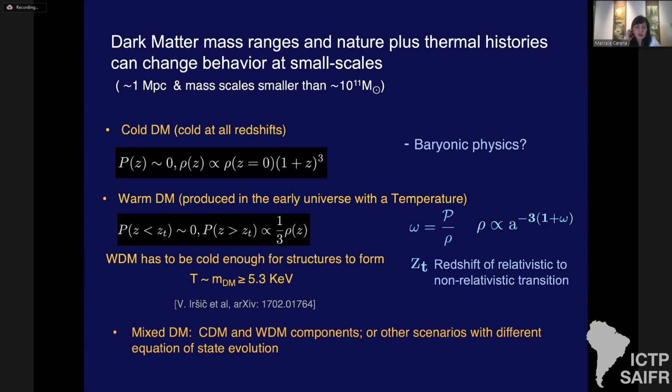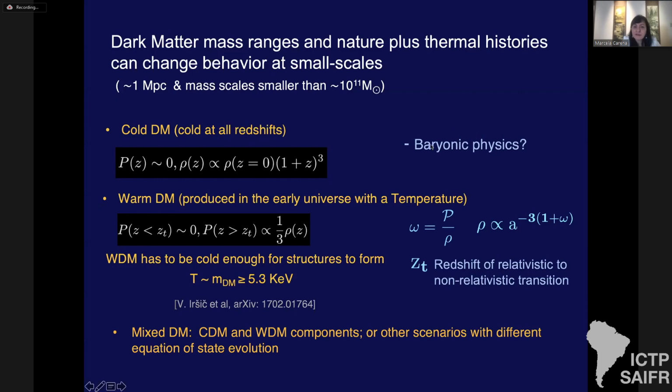And of course, there are very interesting things with cold dark matter, so-called at all redshifts, which is zero pressure, and where the dark matter energy density scales from today to later times as (1+z)³. So mainly just assuming that there is a well-defined density of matter per comoving volume.